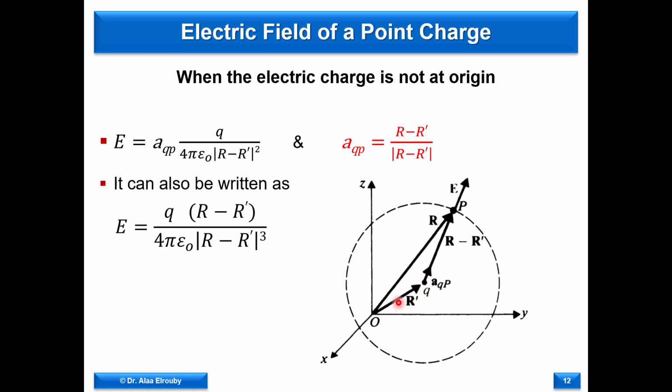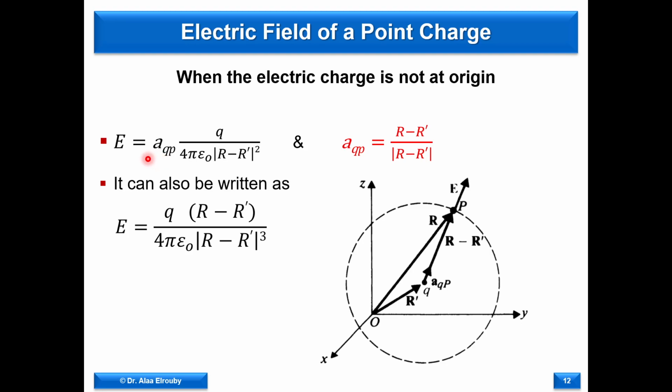So r prime is the position vector of the point charge. r is the position vector of the observation point. So the direction of the electric field AQB equals the vector divided by its magnitude. So it equals r minus r prime, the position vector to the observation point minus the position vector to the source, divided by its magnitude.